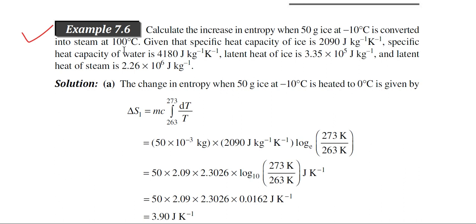The water will be converted into steam. So this is again a phase change process, and the heat will be given by m into L, that is mass into latent heat.